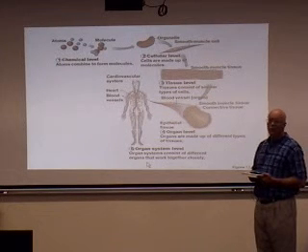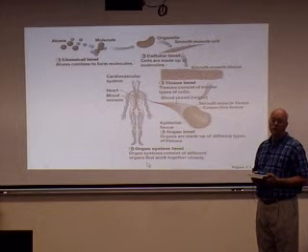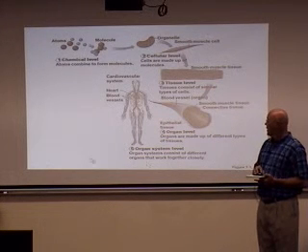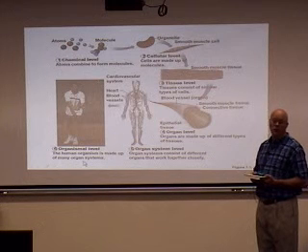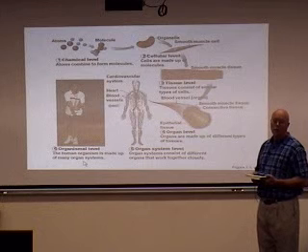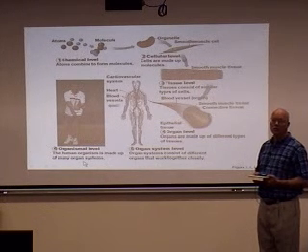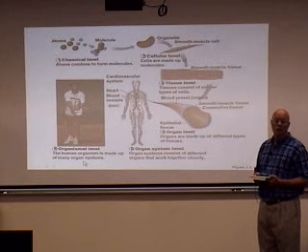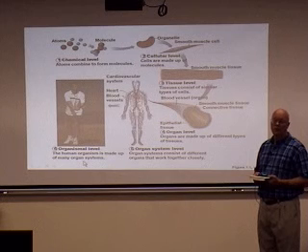In this example, blood vessels and the heart work together to form the cardiovascular system. And then finally, at the whole organismal level, we have several different physiological systems that work together to form the human organism. In our case, the first semester in this class will be studying the integumentary system, the skin, the muscular system, and the nervous system.